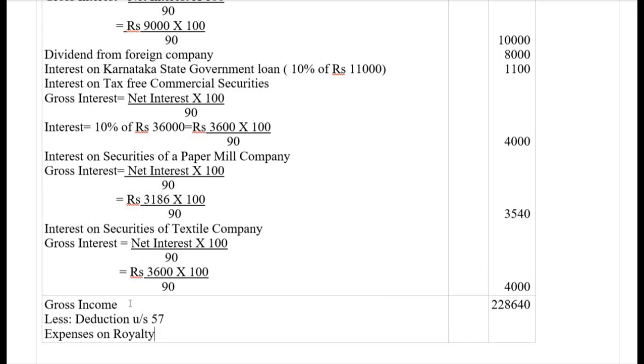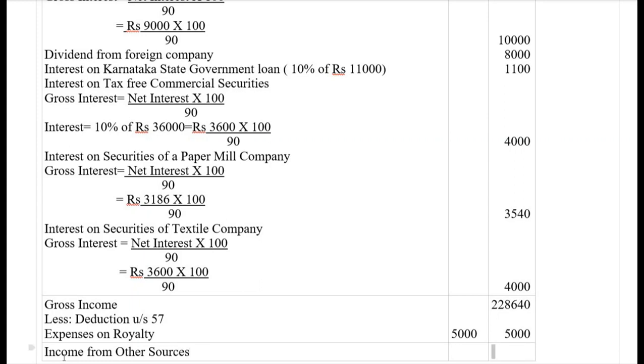So the total amount spent here is rupees 5,000. So let us subtract this 5,000. I think there are no other expenses here. The difference here is income from other sources.